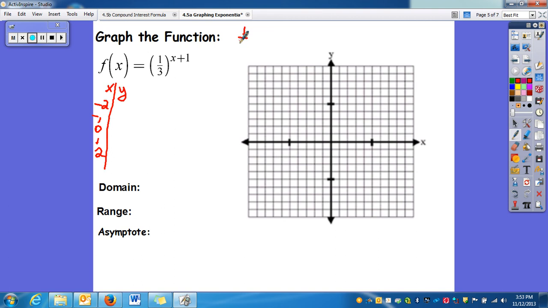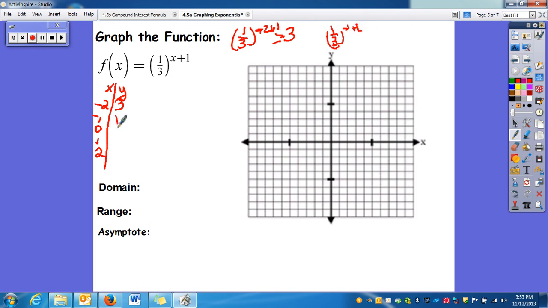So kind of off to the side, I go 1/3 to the negative 2 plus 1, negative 2. That's negative 1. This actually comes out to be 3. I'm not going to go through the calculations because really it's just calculating it in your calculator. 1/3 to the negative 1 plus 1, that is 0.